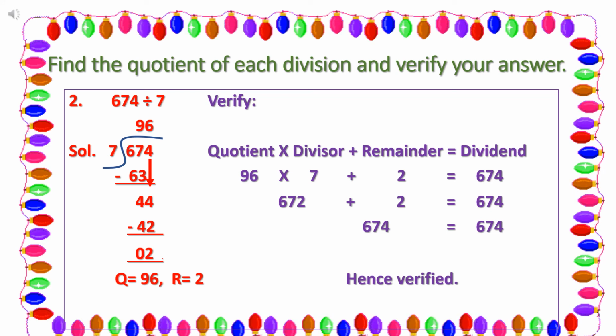So 96 multiplied by 7 is 672. Now 672 plus 2, which is remainder, is equal to 674, which is our dividend. So our answer is correct. Hence verified. मतलब हमने verify कर लिया.